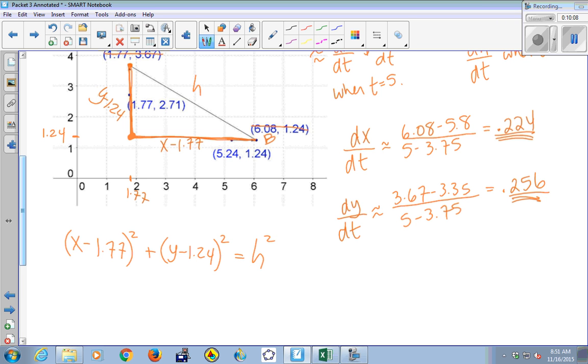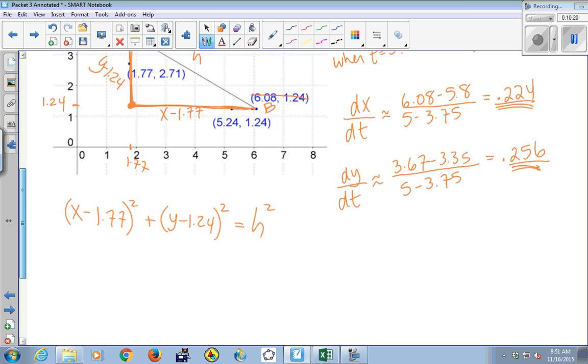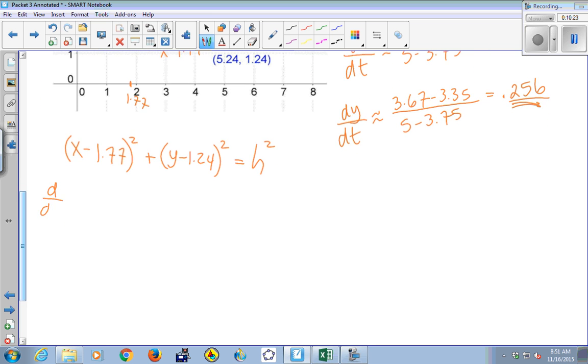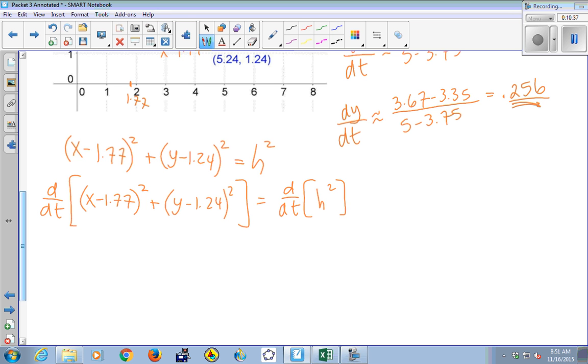All right, so now the rest of this related rates problem is exactly like what we've done before. It's just that what we're plugging in are approximations of dx dt and dy dt. So at this point, I take d dt of both sides. That means just take the derivative of both sides, where your independent variable is time.